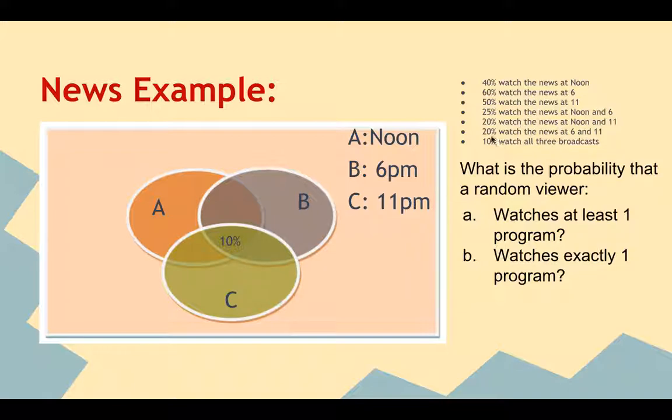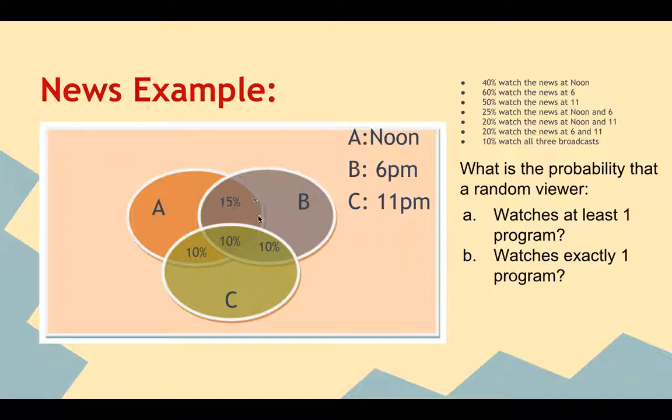And then if 10% watch all 3 and 20% watch 6 and 11, then this section here has to be 10. And continuing that way as we go up the list, that section needs to be 10, this section needs to be 15, so that the people that are noon and 6 add up to 25.